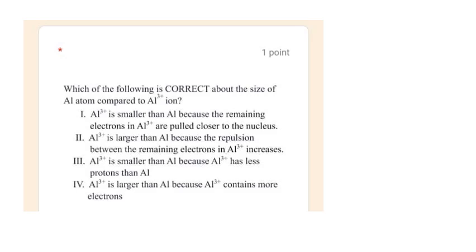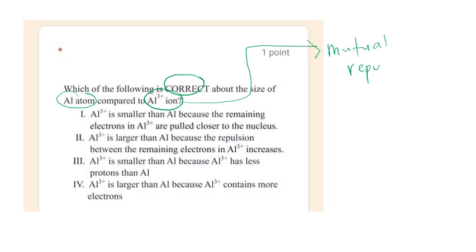Question 18. Which of the following statements is correct about the size of aluminium and aluminium 3+? Like what we discussed before, if we are comparing atom and ion, it may involve the factor of mutual repulsion, or another factor we can consider is effective nuclear charge.